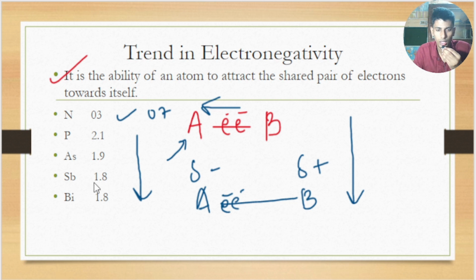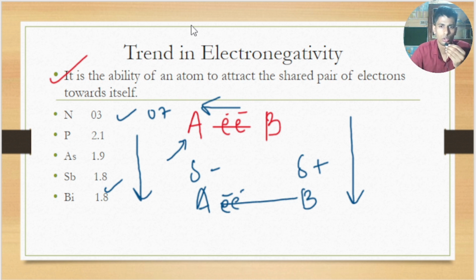For example, antimony and bismuth are the same, and the difference in the atomic number is 32, but it is still the same. So there is a problem. The simple line is, generally electronegativity decreases down the group, but in the case of group 15 it becomes gradual due to the poor shielding effect shown by d and f orbital electrons.